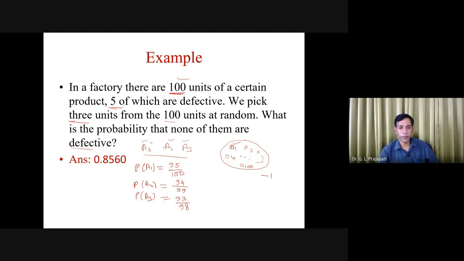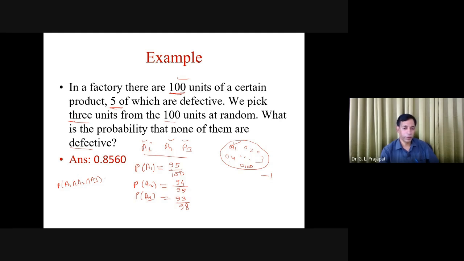What is the probability that none of them are defective? Actually, what you are going to compute is the probability of A1 and A2 and A3. A1 is the event that the unit is not defective, A2 is the event that the unit is not defective. So 3 units you have picked up, A1, A2, A3.